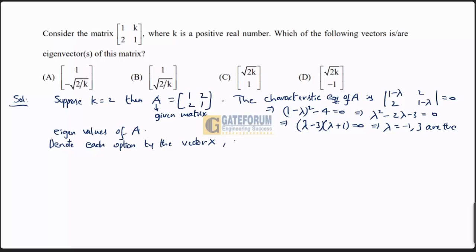Whichever satisfies Ax equal to lambda x, that is the required eigenvector.